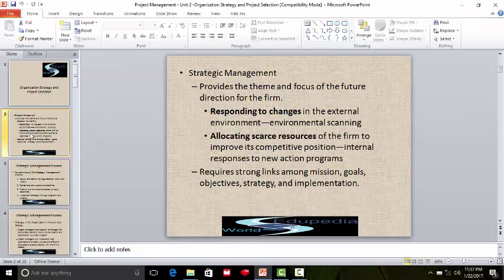It means responding to changes in the external environment, environmental scanning, allocating the scarce resources of the firm to improve its competitive position, and internal responses to new action programs. It requires strong links among mission, goals, objectives, strategy, and implementation.